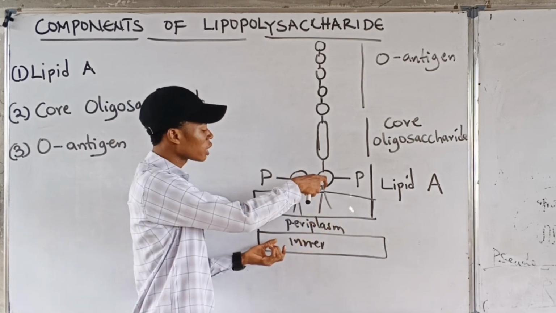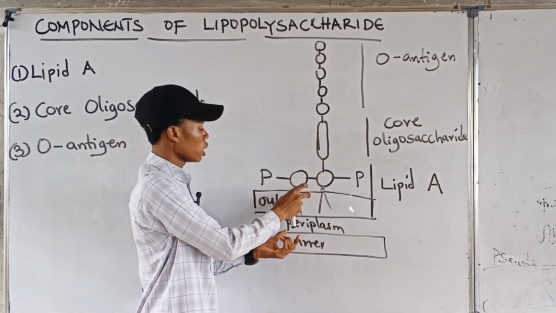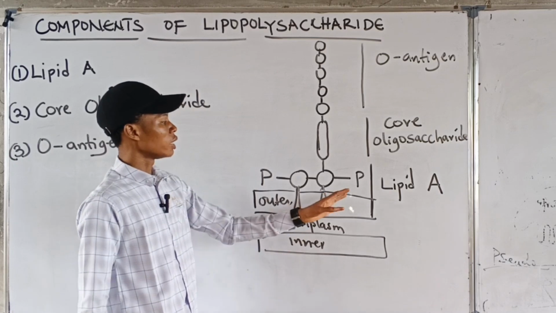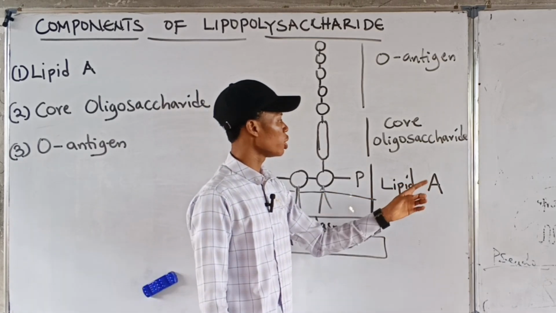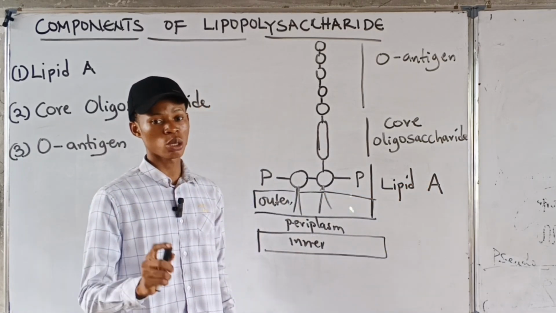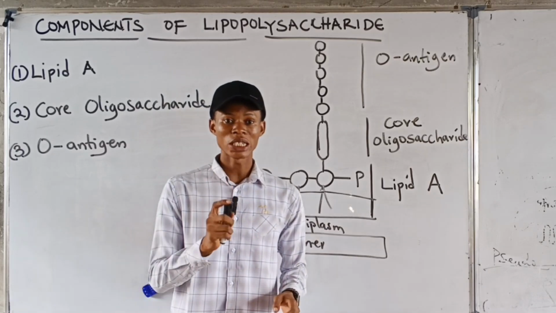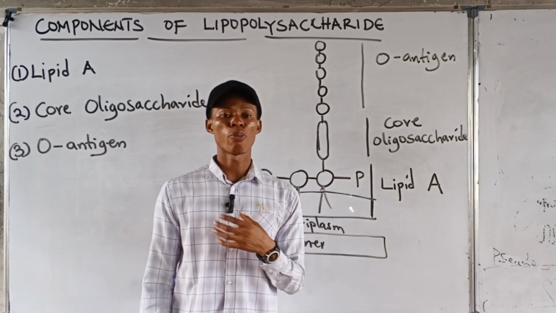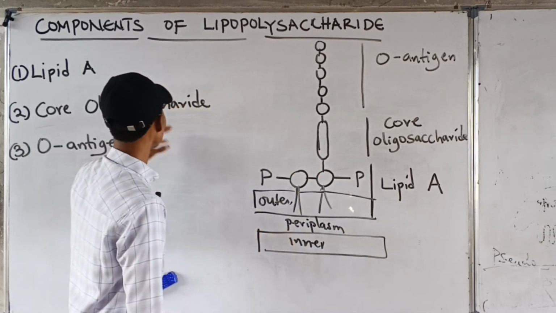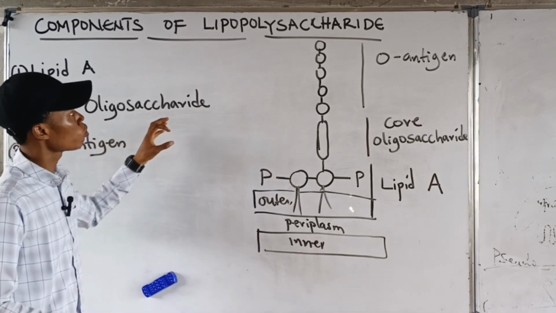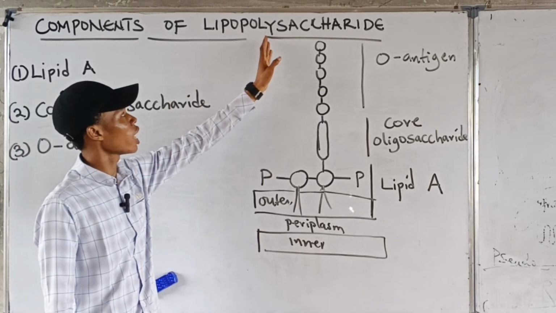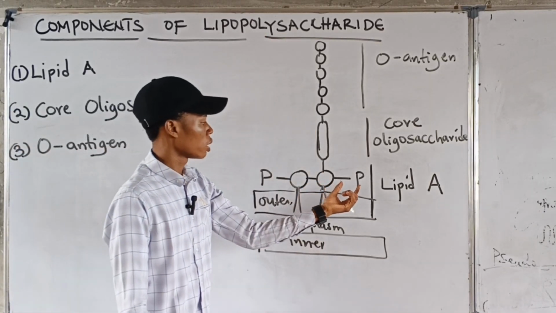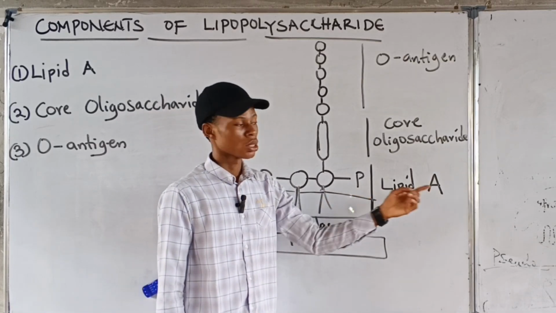So the hydrophobic phase is fused into the outer layer. And this lipid A here is what is responsible for the toxic property of lipopolysaccharide. So out of these three components, what is actually responsible for the toxicity of lipopolysaccharide is lipid A.